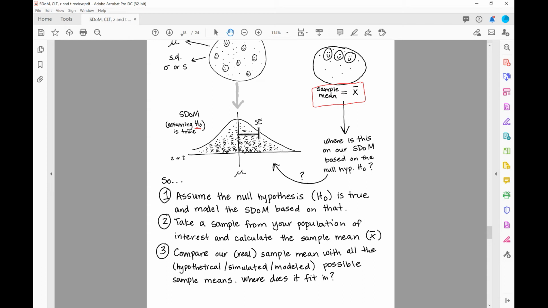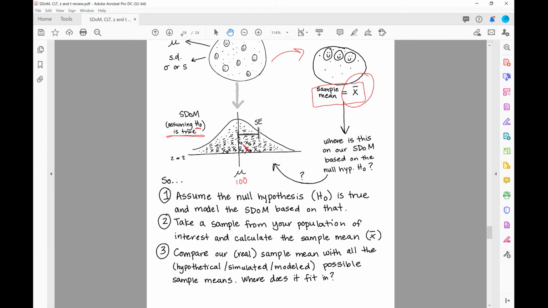Compare our real sample mean with all of these hypothetical or simulated or modeled possibilities for the sample means that we might get if the null hypothesis is true, if this is 100 or whatever it is that we're testing against. So we build this model based on the assumption the null is true. We take a sample, calculate that sample mean, and then ask, where does it fit in this model?